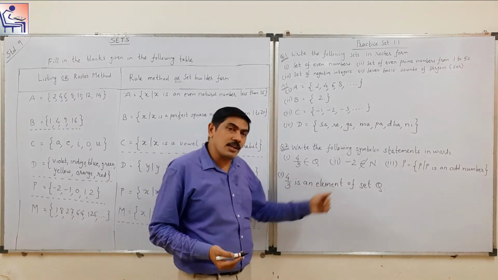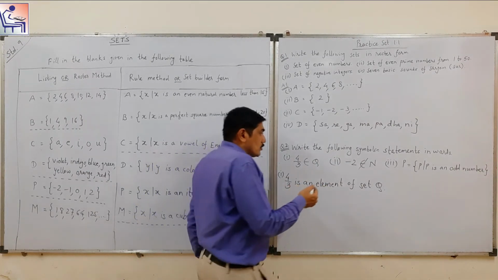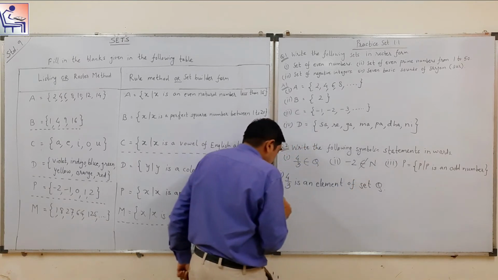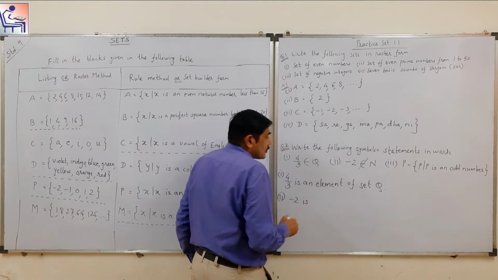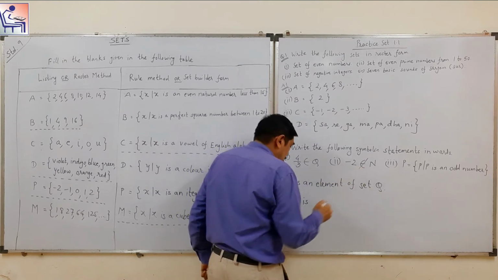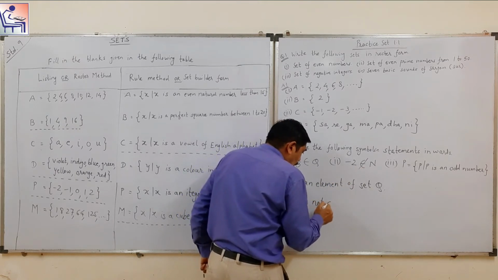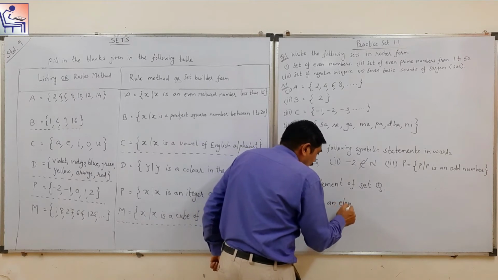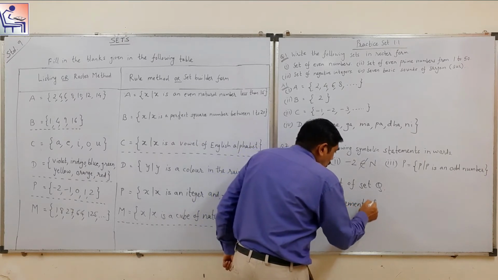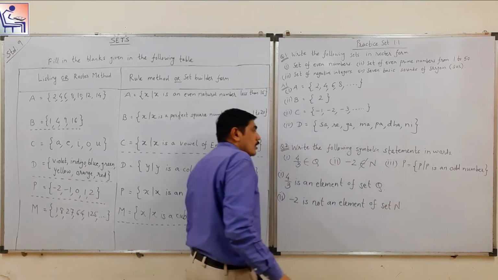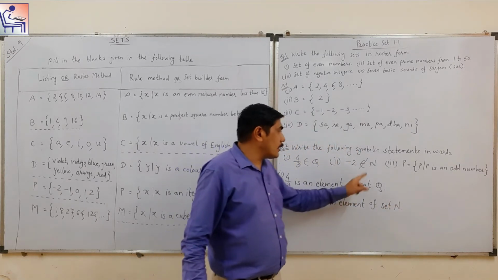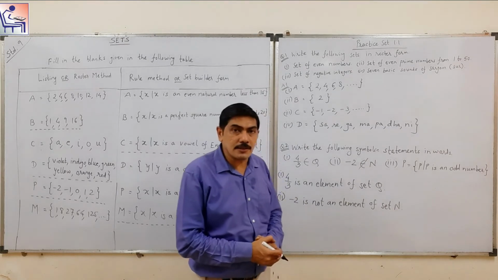We are writing only one. Now the second one, -2 is not an element of set N.